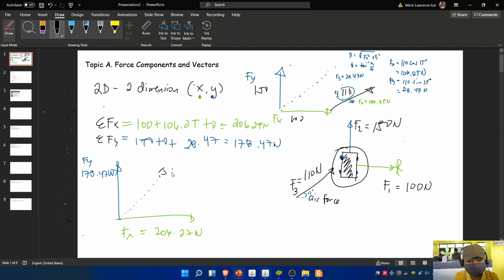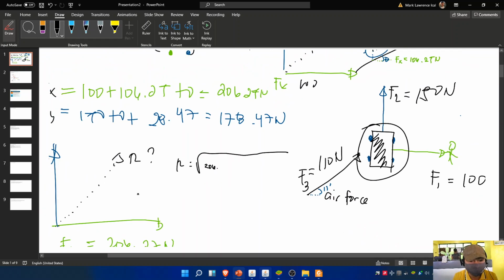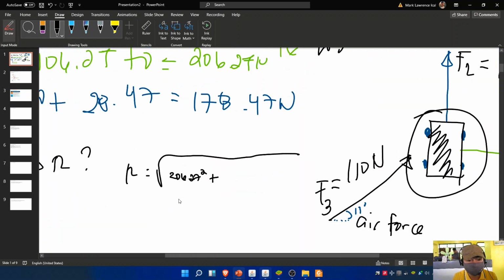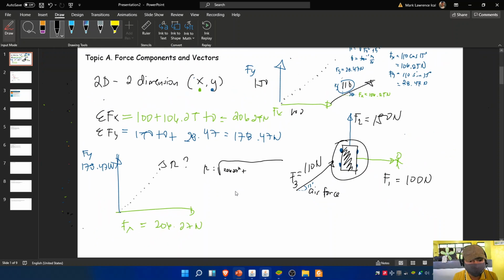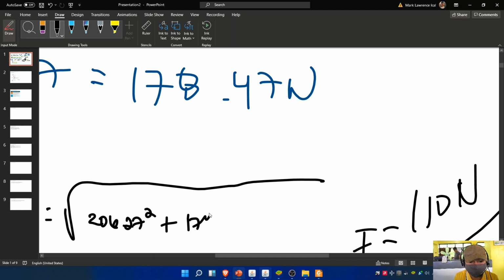And what's R? Okay, so obviously R is equivalent to the square root of 206.27 squared plus 178.47 squared.